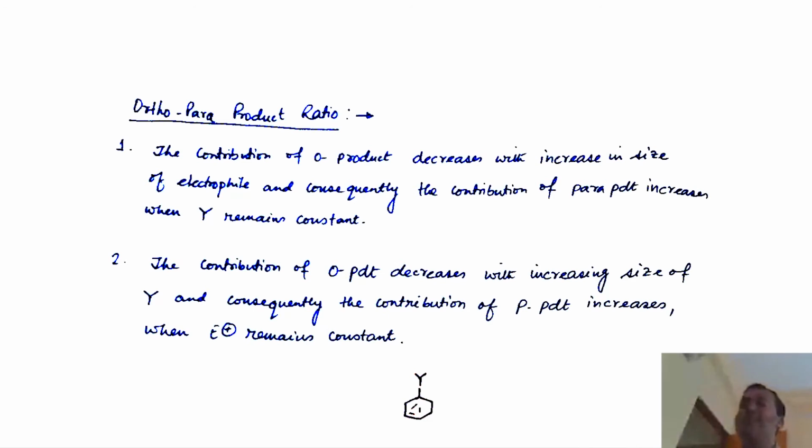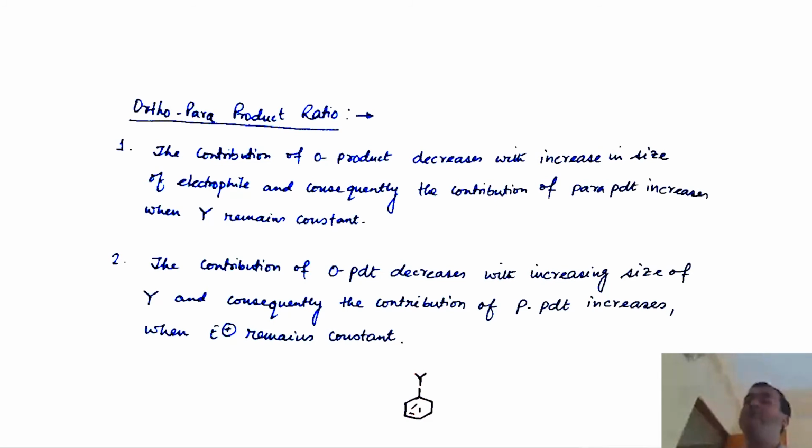If you have, let's say, this Y group, and Y remains constant, then the steric factor is mostly operational in this case. In some cases electronic factors too, but we will give you one example of what I exactly mean by the electronic factor.